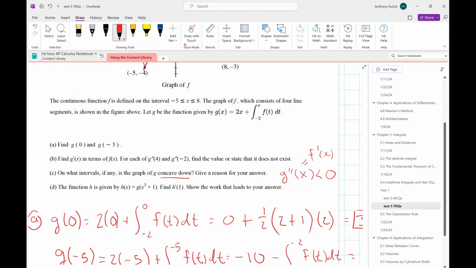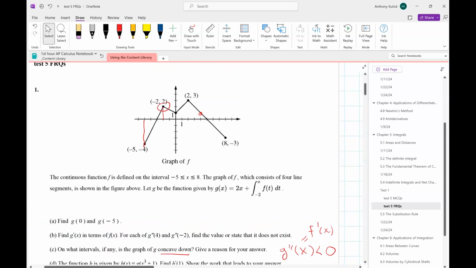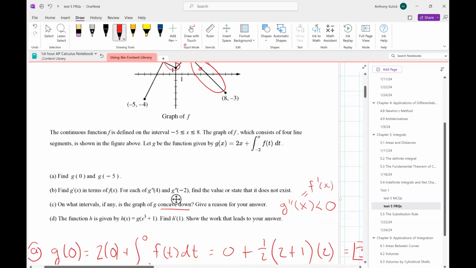So where's the first derivative of f negative? On those intervals. Why? Negative slope. Yep. Is that all I need to do? Yeah, Mr. Kulik, that's it. So negative 2 to 0 and then 2 to 8.